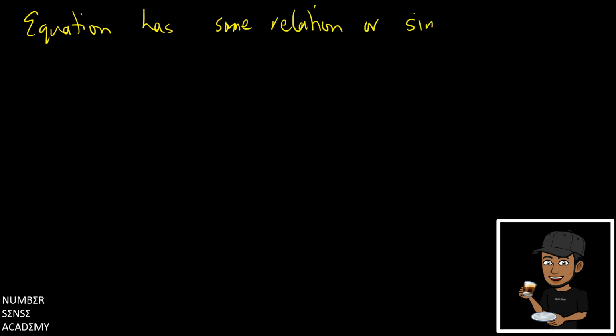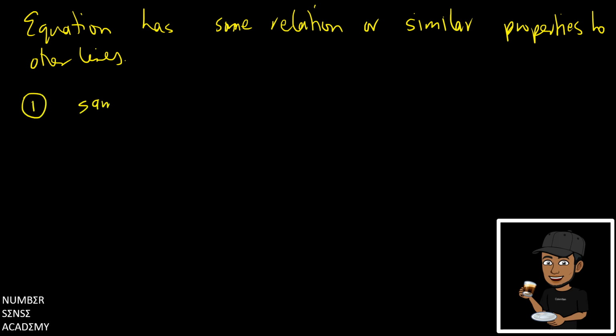Oftentimes the questions will tell us that the equation that we're trying to find has some relation or similar properties to other lines. So you might see something such as, they have the same y-intercept.